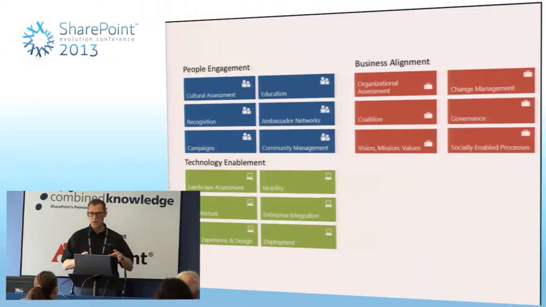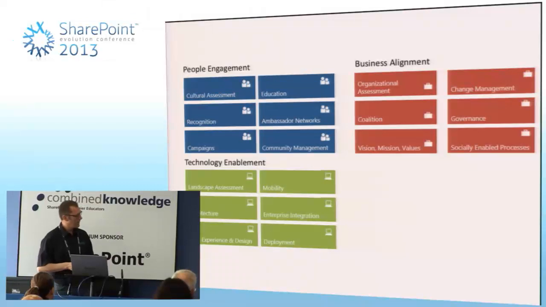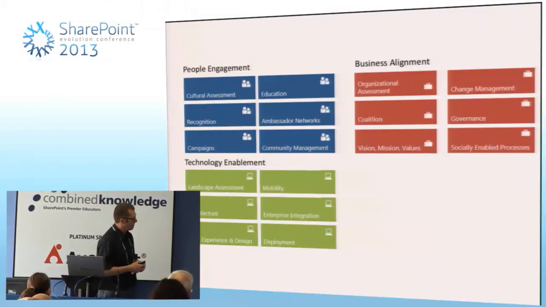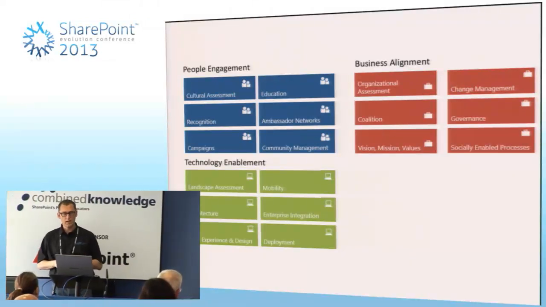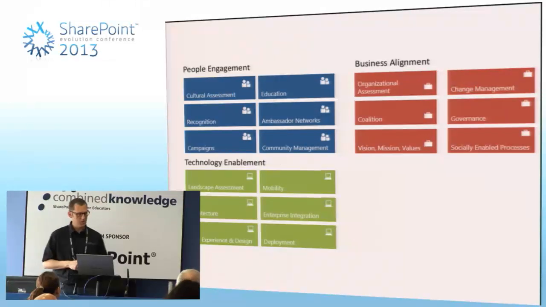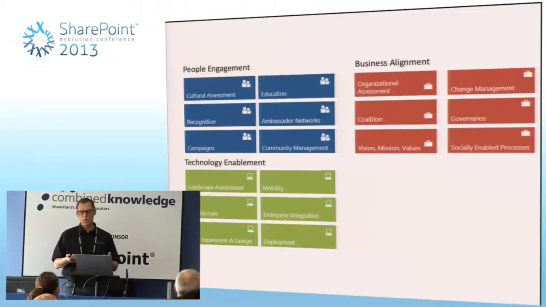Instead of having two separate silos, like for instance, Yammer has some integration with SharePoint, but SharePoint is the one silo and Yammer is the other silo, in my opinion. The more integrated it is, the more beneficial it can be. So these are some of the topics that I would encourage you to look at when you start implementing social business. Why is this important?